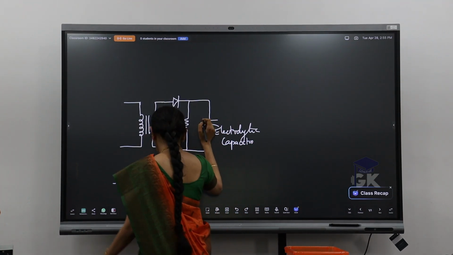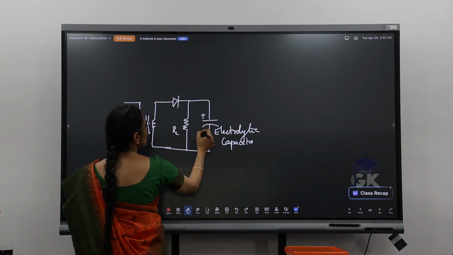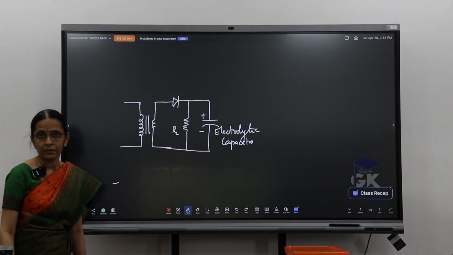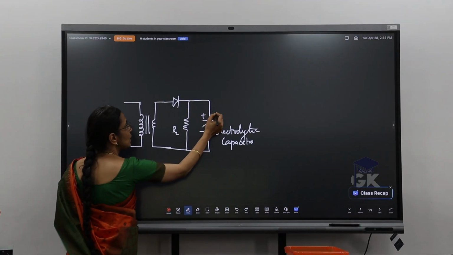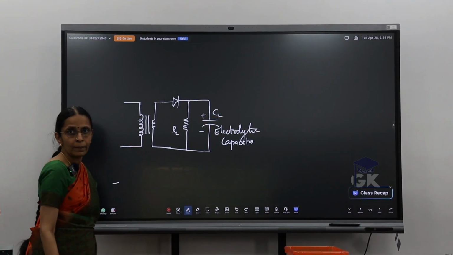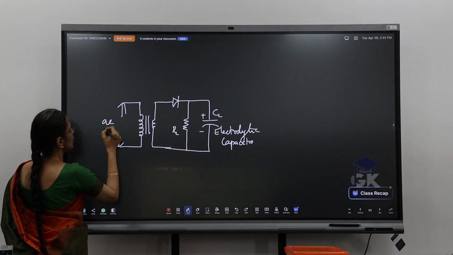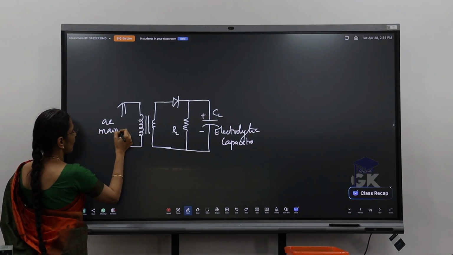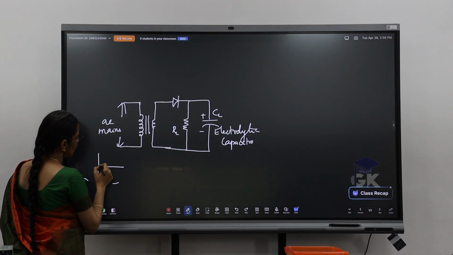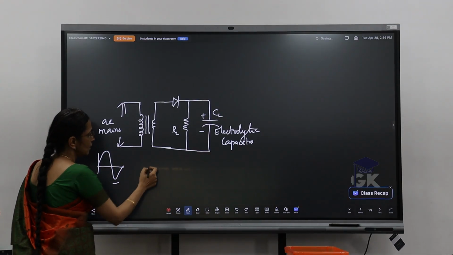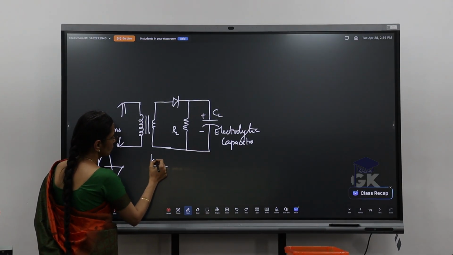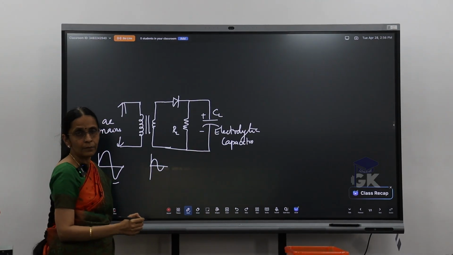So I should specify this is going to be plus and this will be the minus. Okay, so this is my CL basically. Now as we saw, this is from your AC mains. So I have my input signal, step down, I have it in this fashion.